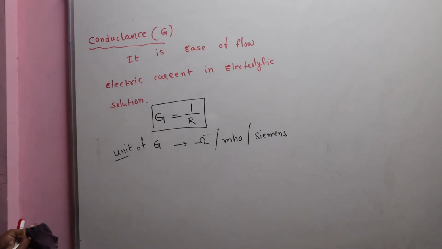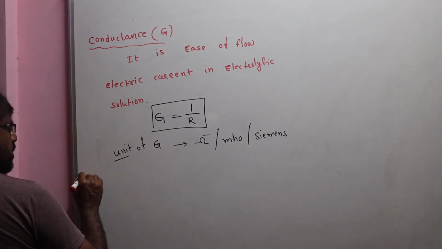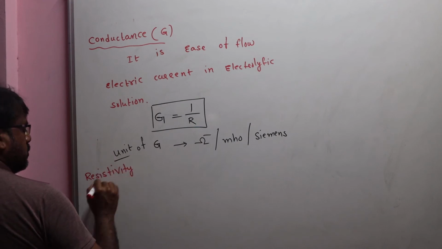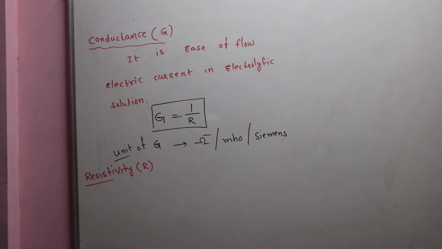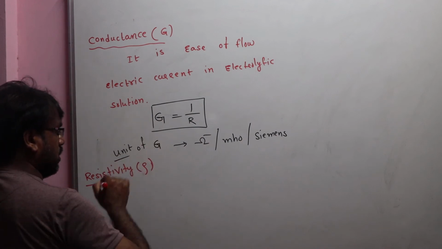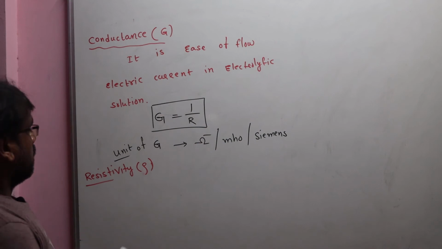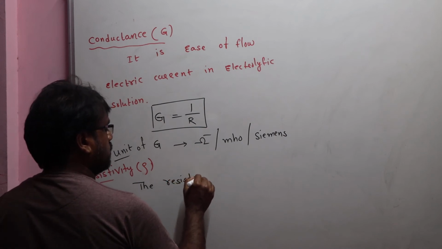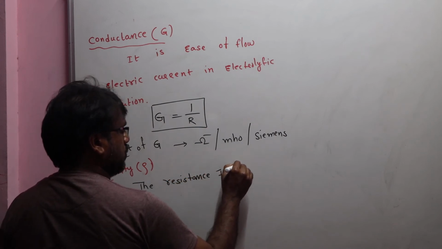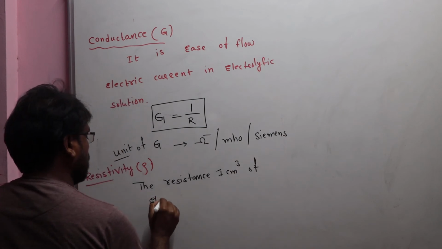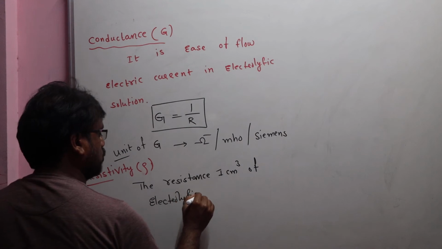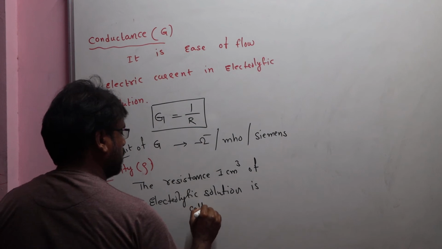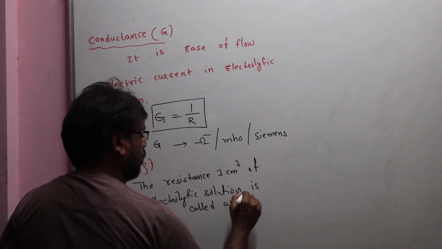Then after the conductance G, the definition of resistivity. What is the definition of resistivity, rho? The resistance of 1 centimeter cube of electrolytic solution is called resistivity rho.